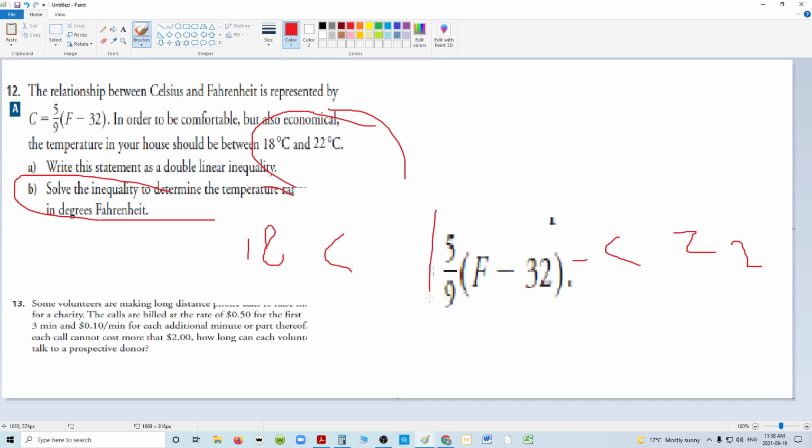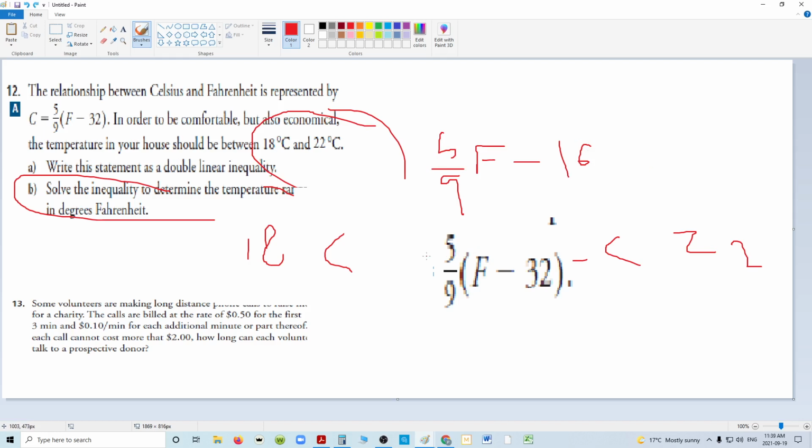So to get rid of this 5 over 9, I can either distribute it first, or I can multiply it. If I distribute it, I get 5/9 F, so I'm still going to have to multiply sometime, minus 160 over 9. So you can see it still doesn't work out.